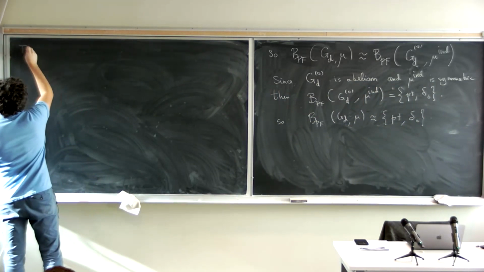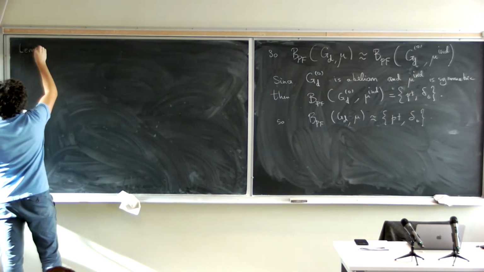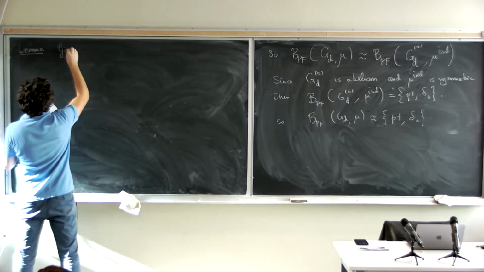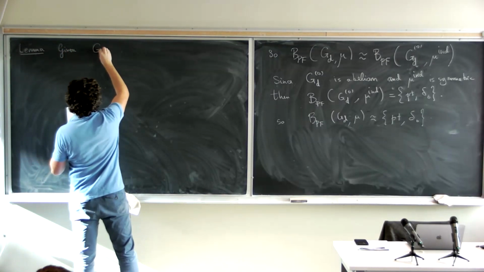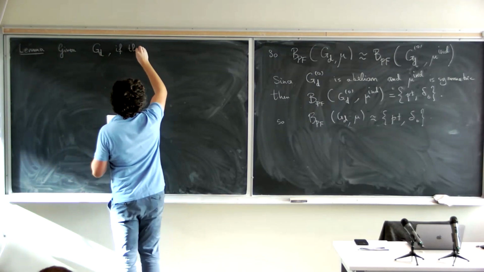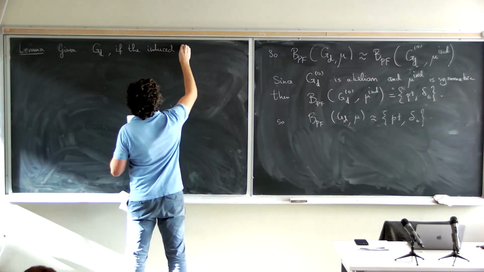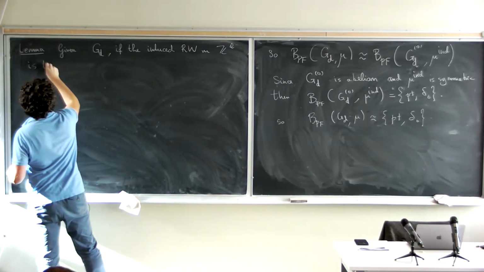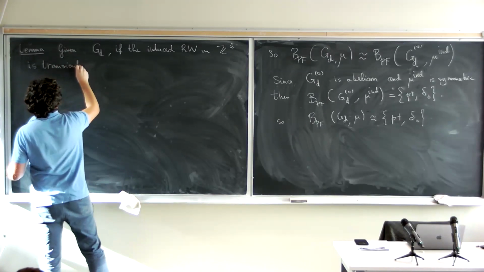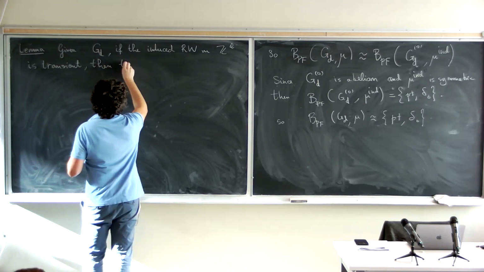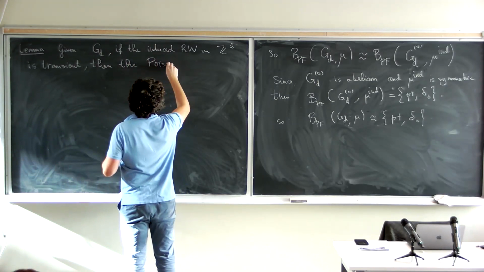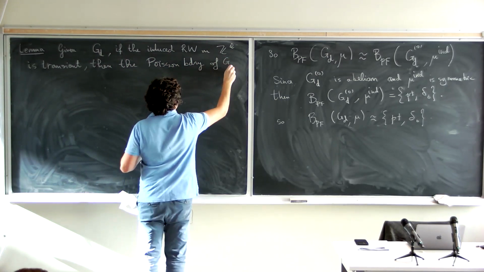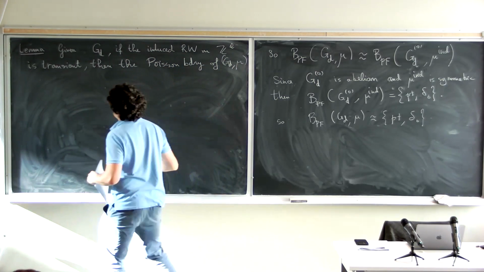So the theorem, or maybe lemma, because the big theorem we wrote before, the following: given G_d, if the induced random walk on Z^d is transient, then the Poisson boundary is non-trivial. This particular measure is non-trivial.